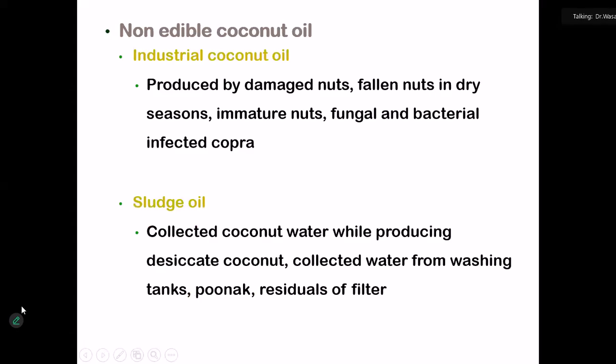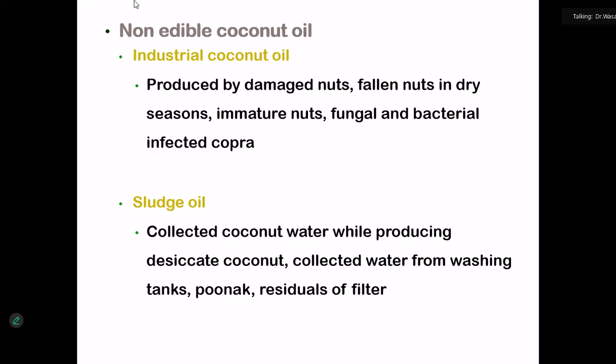Now non-edible coconut oil. So far we discussed edible coconut oil, 4 types: RB, RBD, crude oil, and virgin coconut oil. Now we are going to discuss non-edible coconut oil, which as I mentioned is for industrial use.